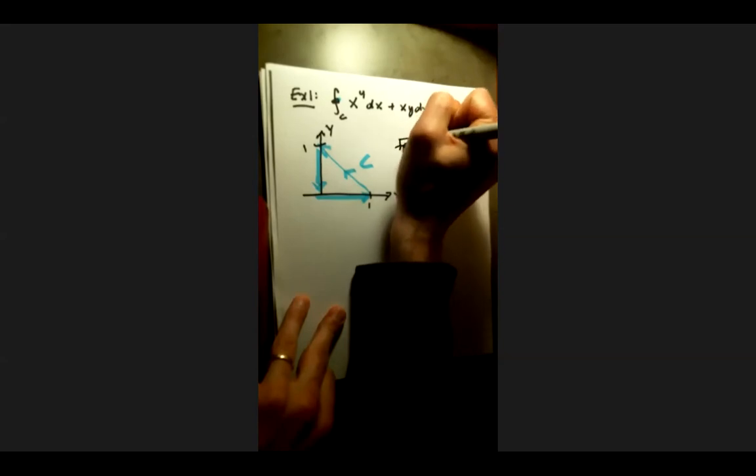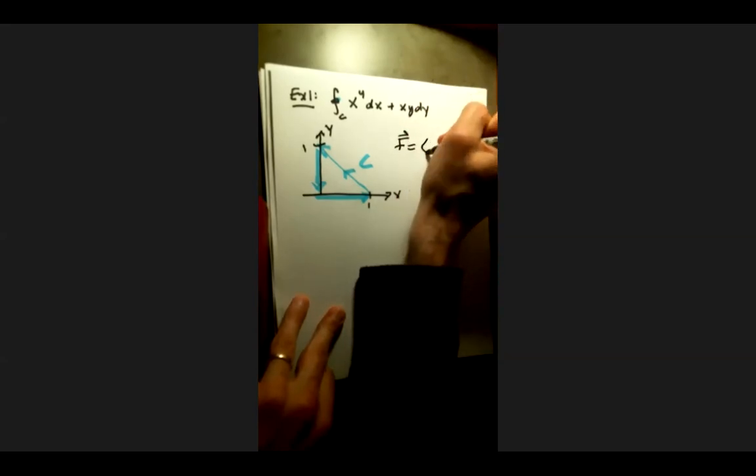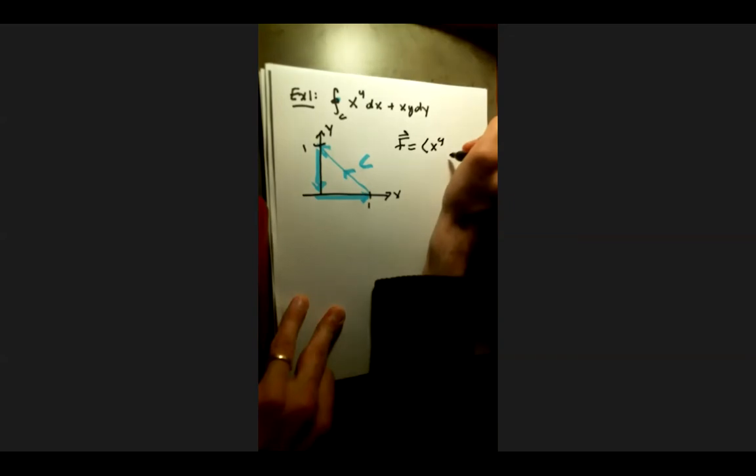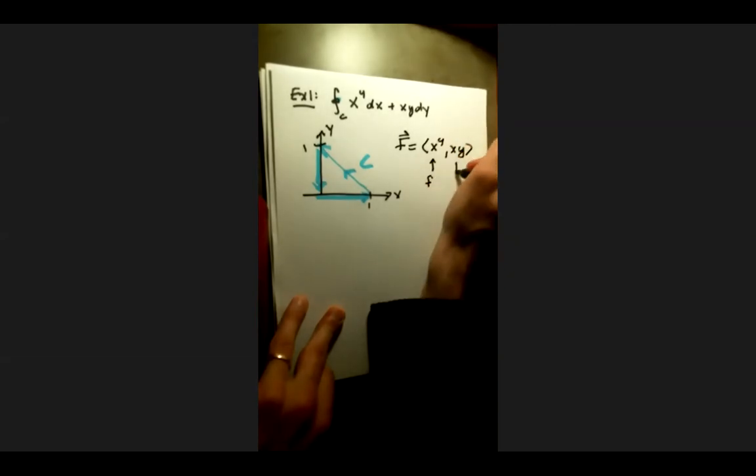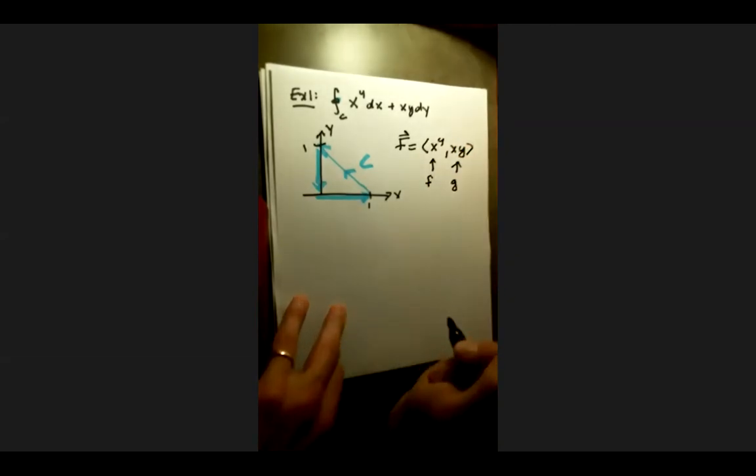Notice that here, f is equal to x to the fourth, comma xy. This is my little f. This is my little g.